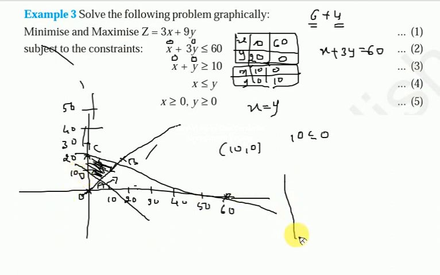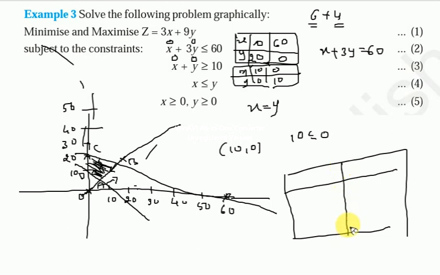Now we need to take the objective function and these corner points. So it will be corner points and z is equals to 3x plus 9y. This will be the value for z. Now corner points. So this point D, we can easily identify D as 0, 10, and also we can identify C as 0, 20.